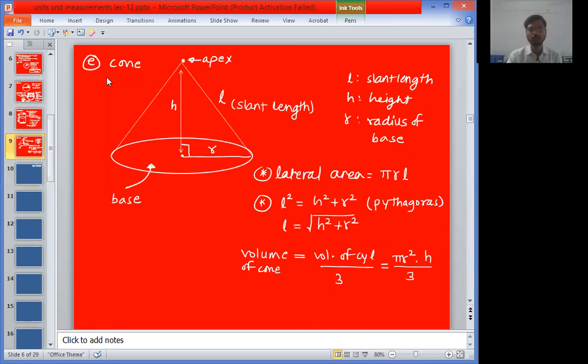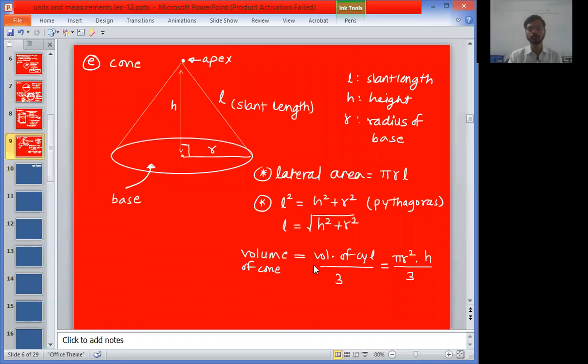Last time I think we have covered up to cone, right? Lateral area is pi r l, where pi is the mathematical constant 22/7 or 3.14, r is the radius of the base, and l is called the slant length. By Pythagoras theorem, l square is equal to h square plus r square.